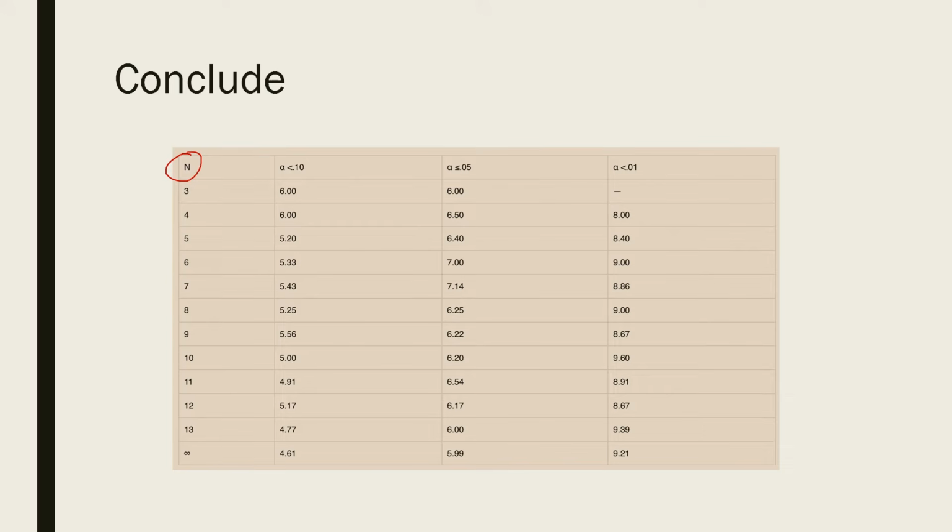So kung natatandaan natin, our sample is 10. Therefore, kukunin natin si 10, and our margin of error or alpha is 0.05. So ito na po yung kukunin natin. Get the intersection. And what we're going to end up with is 6.20.